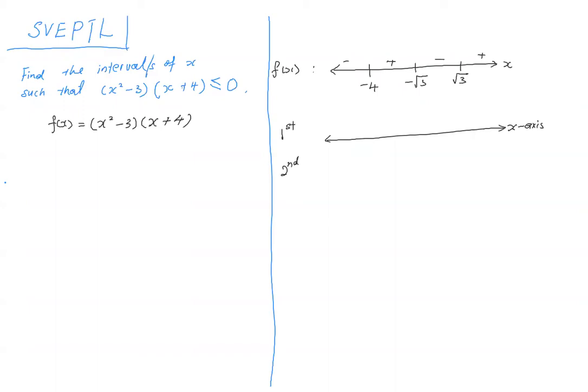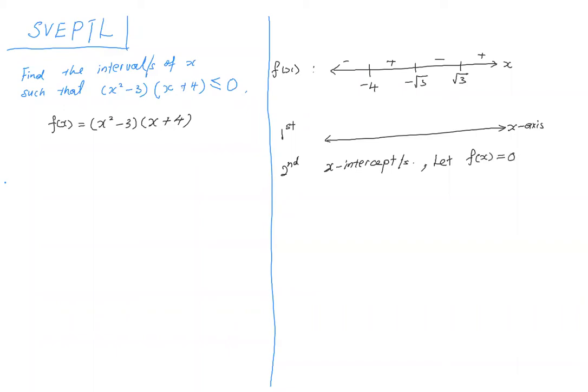X-intercept. So what do you mean by x-intercept? That means you have to let what equal to 0? f(x) equals y equals 0.